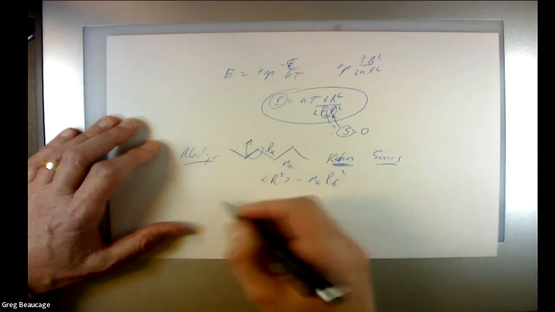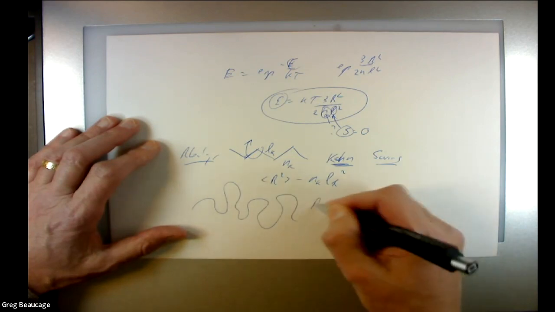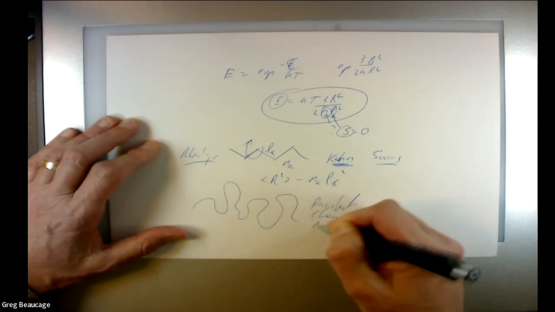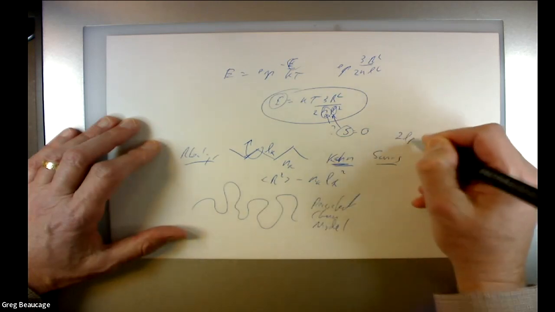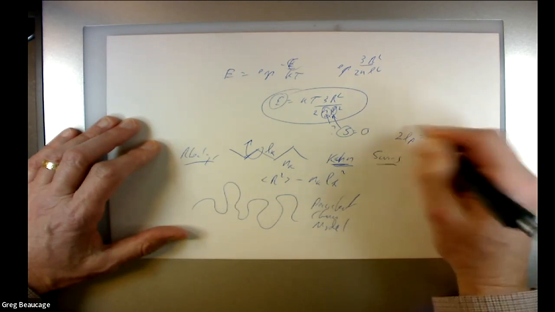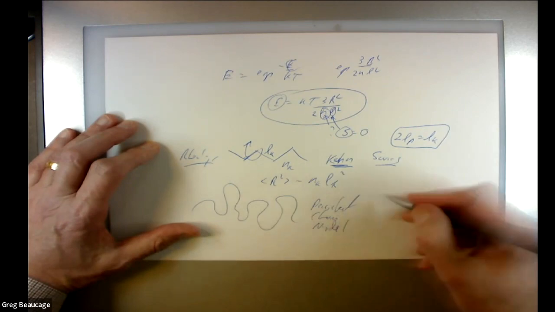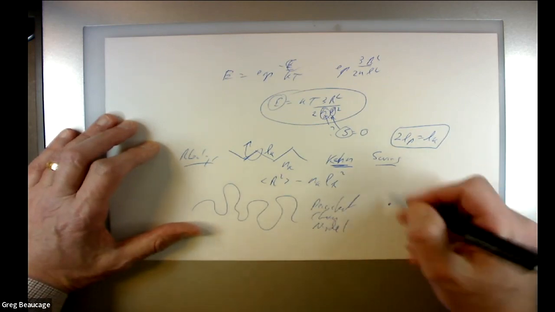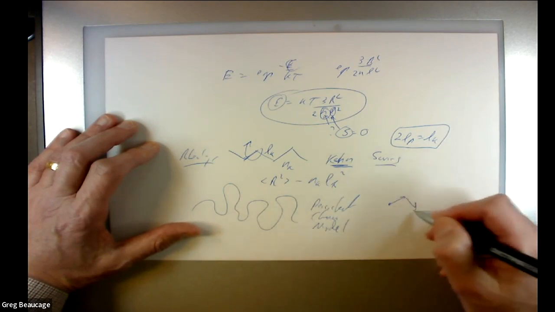Another unrealistic model is the persistent chain model. You end up that two times the persistence length is the Kuhn length. That's the rule that you want to get. This is just like the gas atom motion, right? You have a gas atom, it flies around the room.